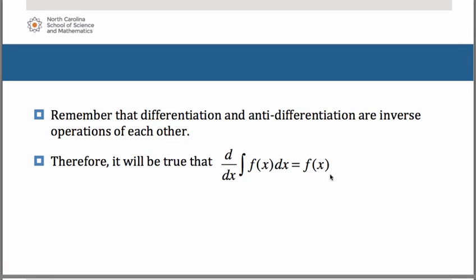Therefore, it will be true that the derivative of the antiderivative of f of x dx simply is f of x. In accordance with the fact we know differentiation and anti-differentiation are inverse operations of each other, the derivative and the antiderivative essentially undo each other.